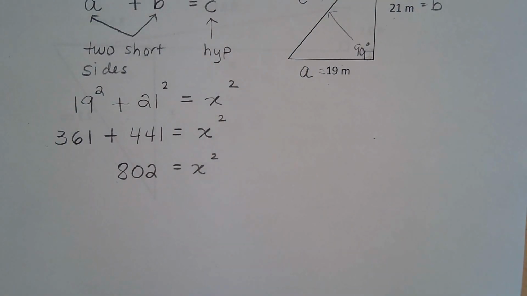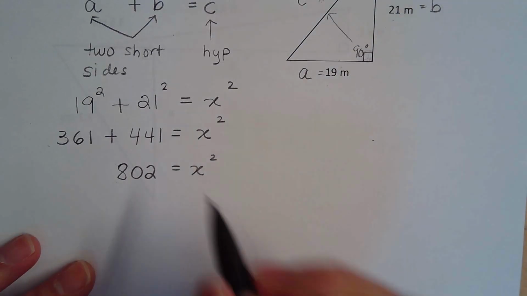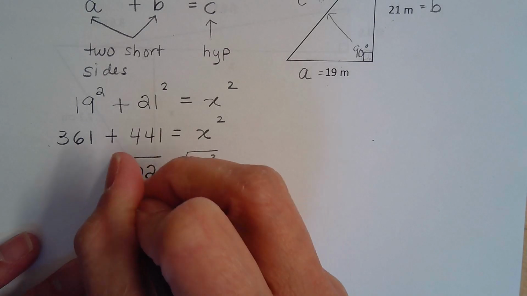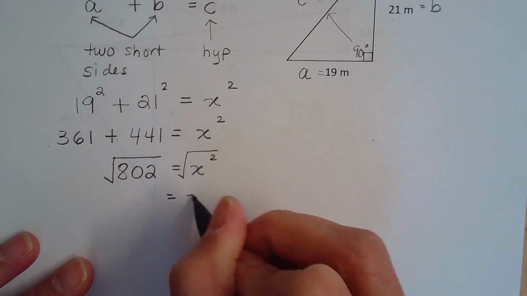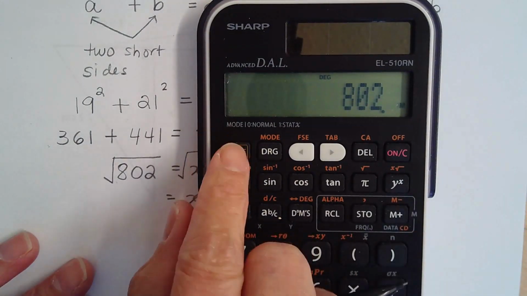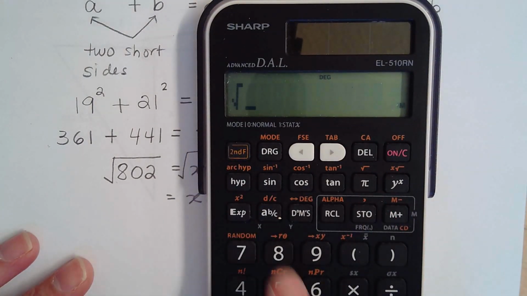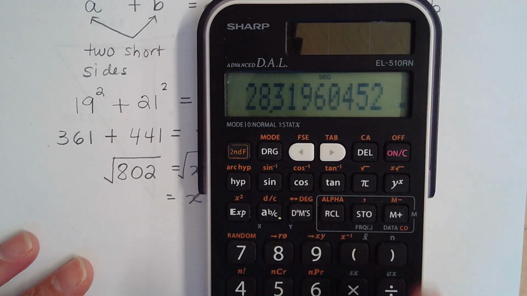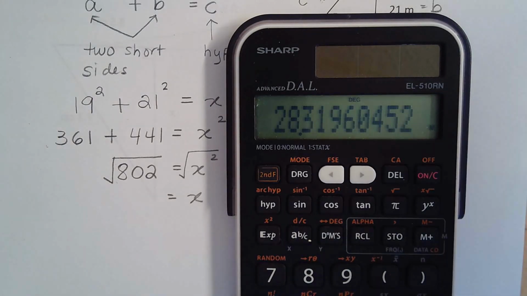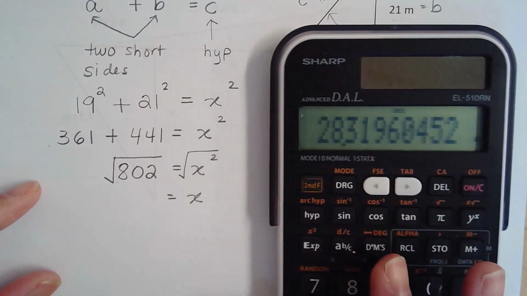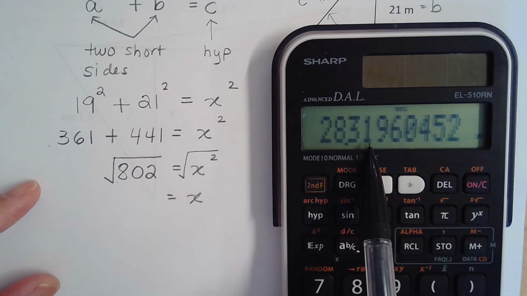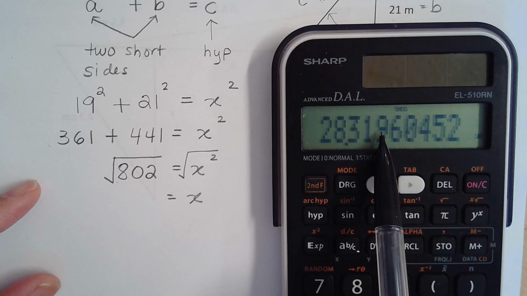Now we're going to have the x alone, so we get rid of the square. This is where we take the square root. So x equals the square root of 802. This is where you were talking about rounding, right? We're going to round it off to 2 decimal places here. So 28.31, but right after the 1 is a 9.